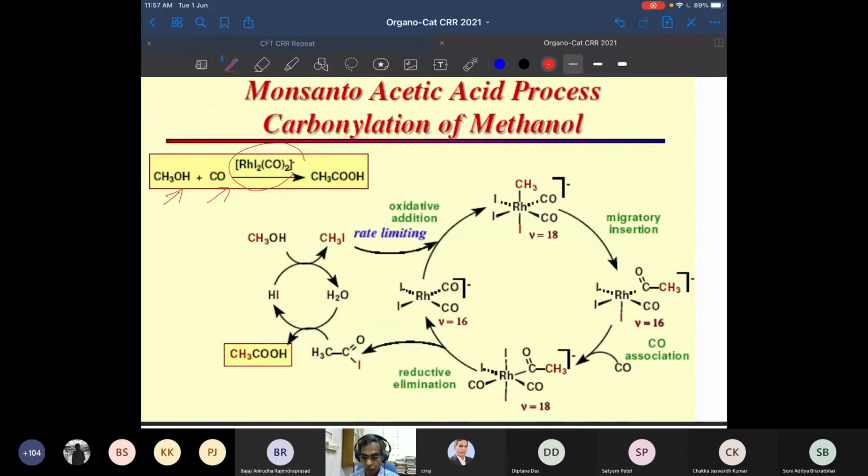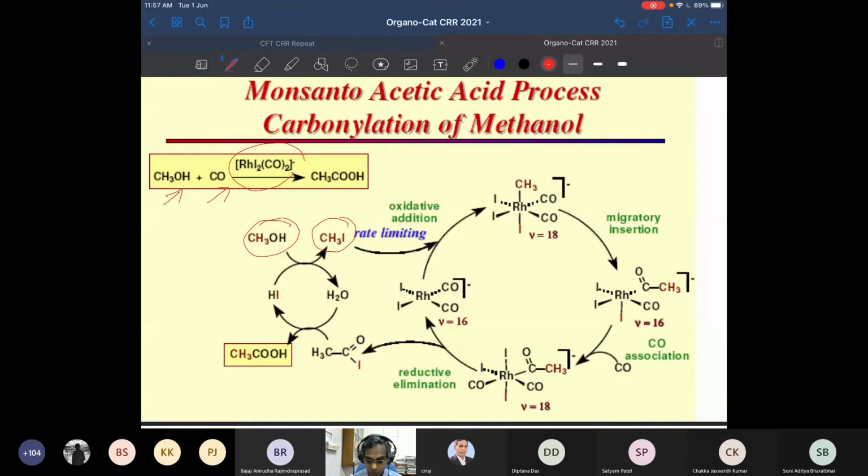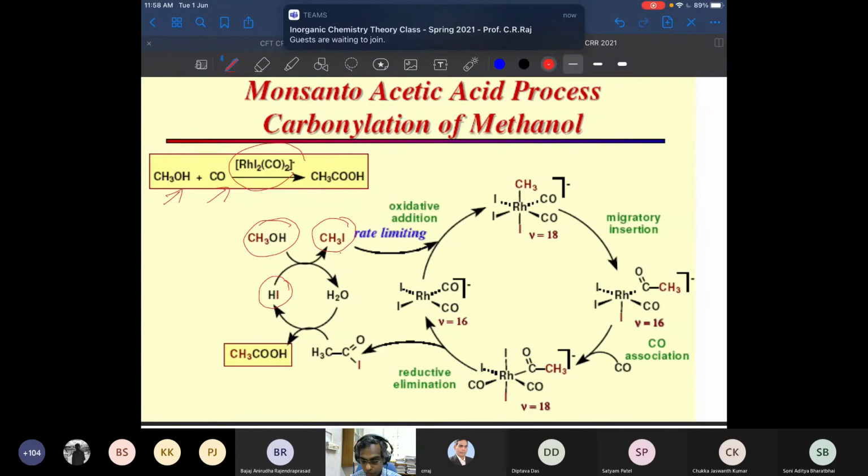Now, what are the steps that are involved? Oxidative addition. What is happening? Now you see here methanol. It's getting converted into methyl iodide. That's the first step. It is taking place in the presence of the co-catalyst hydrogen iodide. Now methyl iodide comes here.